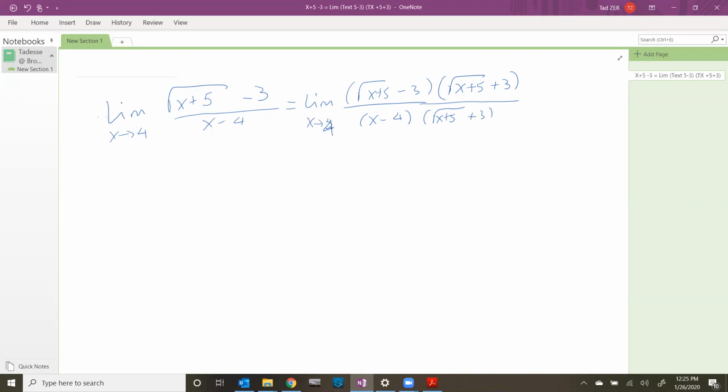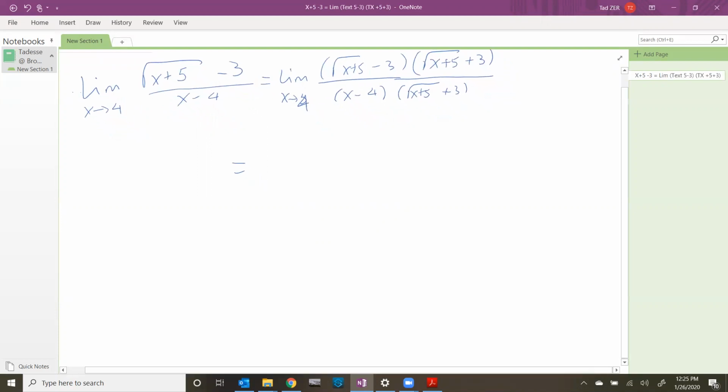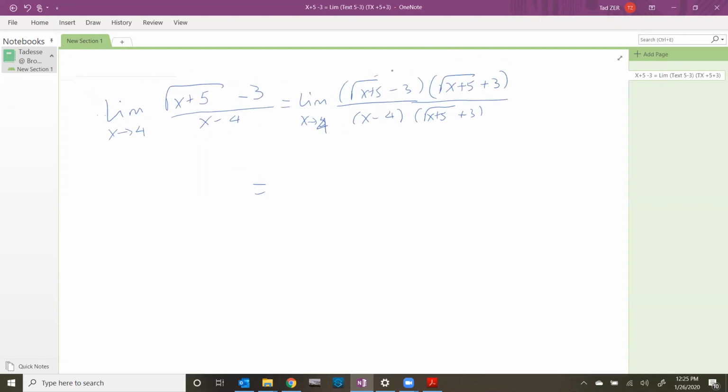Okay, now when you FOIL this, radical x plus 5 times radical x plus 5 is what? x plus 5. Radical x plus 5 times 3 will give you 3 times radical of x plus 5. Minus 3 times radical x plus 5 will give you minus 3 times radical x plus 5.